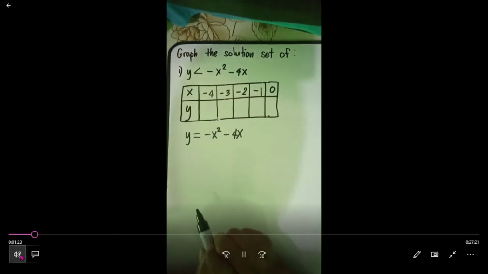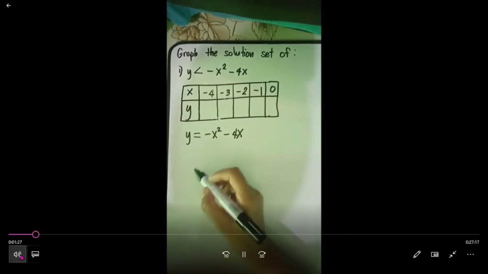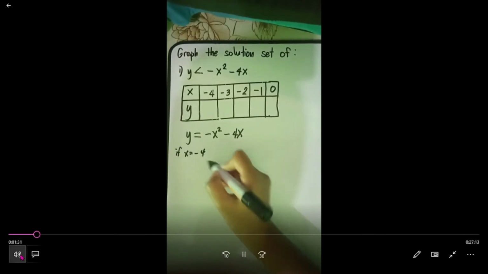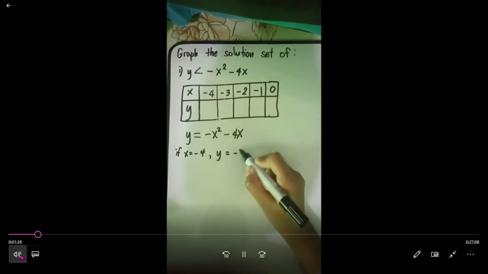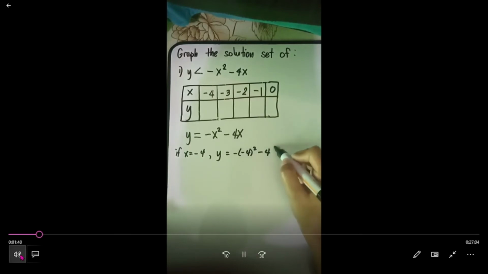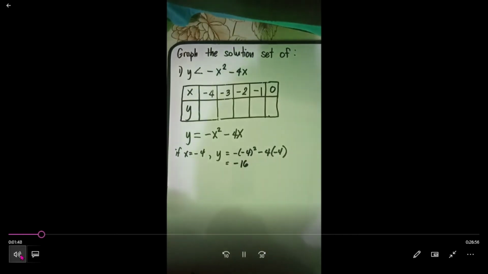So, let us have x equal to negative 4. Therefore, y would be negative of negative 4 squared minus 4 times negative 4. Negative 4 squared is positive 16, times negative, so we have negative 16.